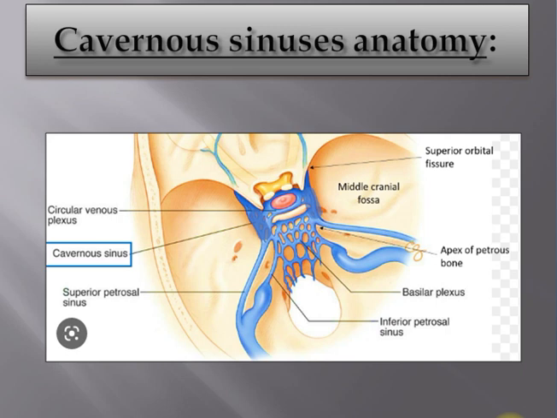Once more, septic cavernous sinus thrombosis occurs from local spread, often from the angular facial and ophthalmic veins. Adjacent infections such as sinusitis are possibly the most common cause, especially sphenoiditis and ethmoiditis.